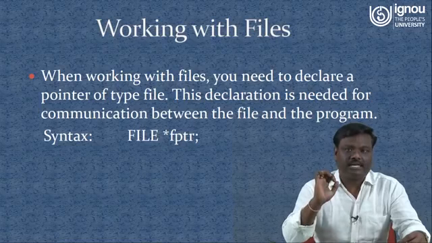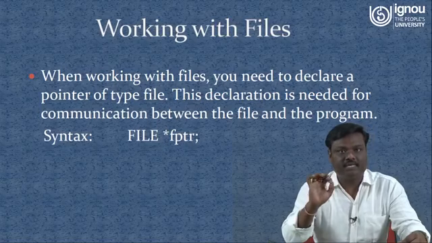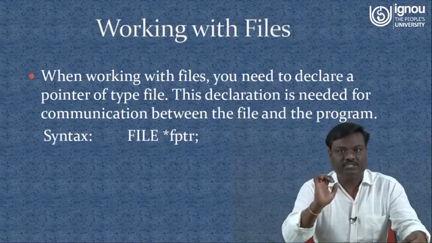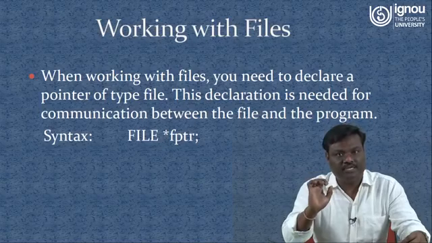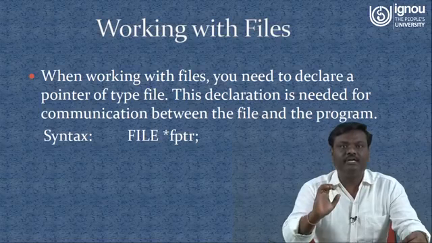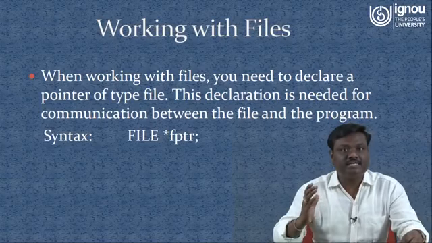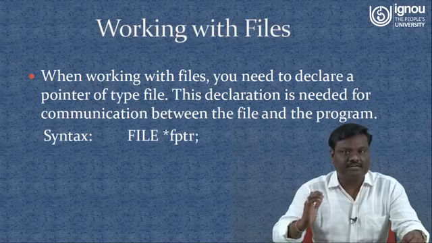In the earlier class, we had seen the pointers. So in order to point to an integer, you wrote int star ptr, wherein ptr is the pointer variable which points to an int, or else ptr is a pointer variable which is storing an integer value's address.